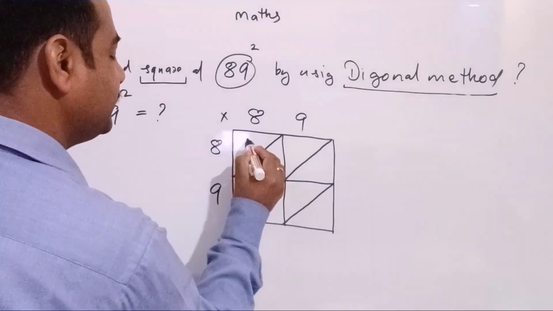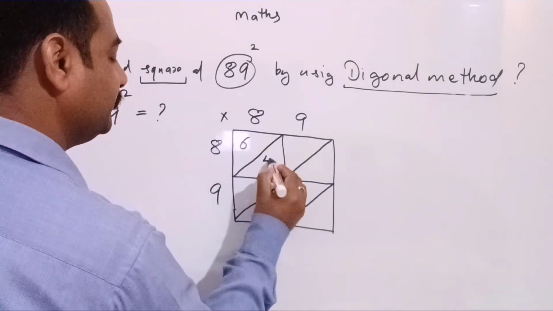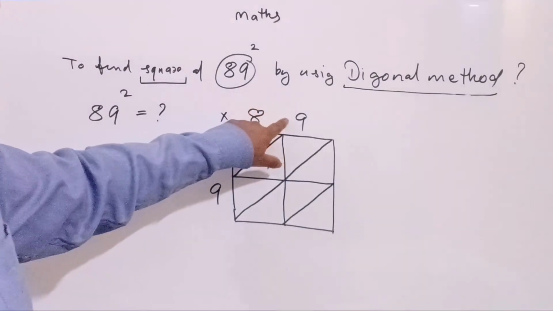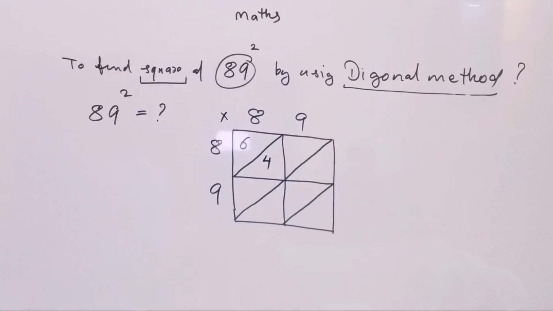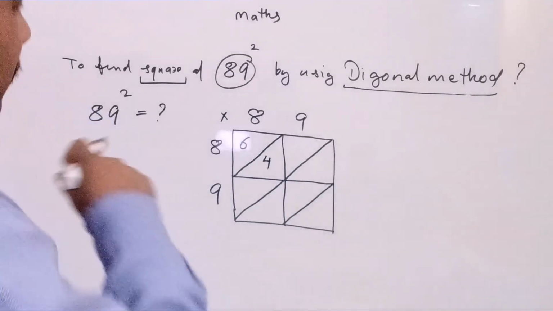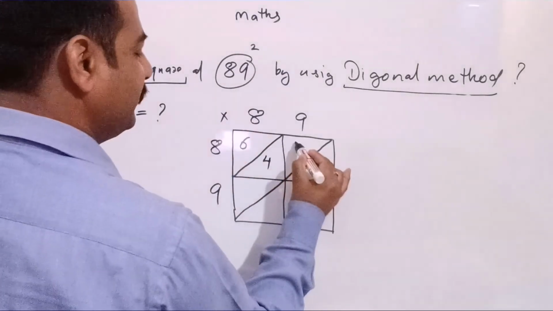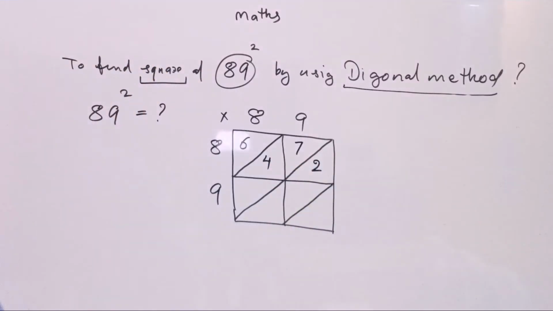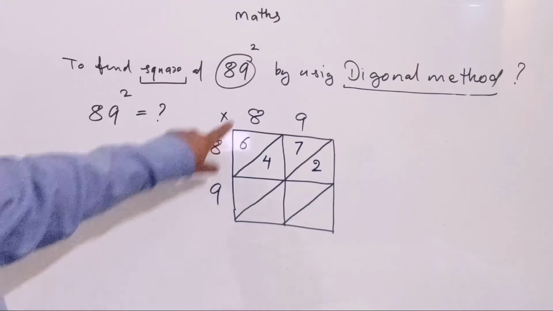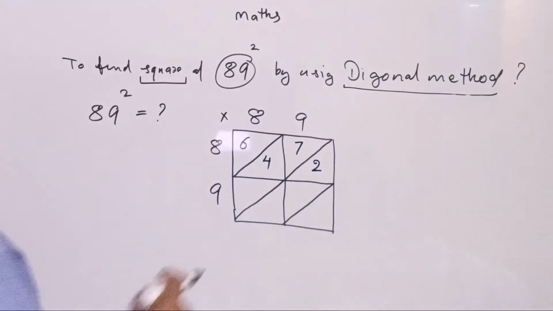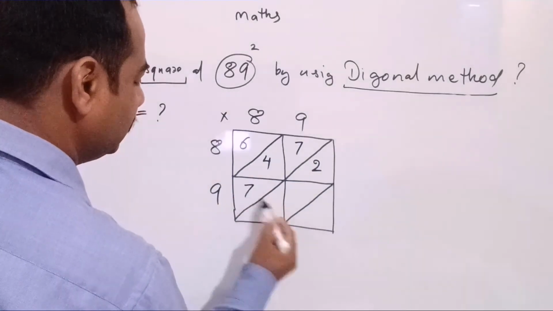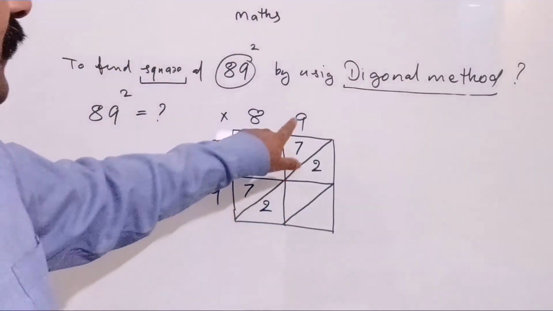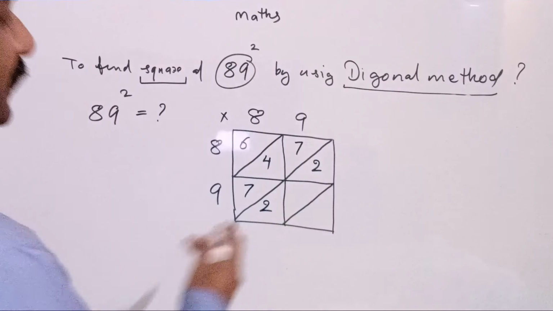So we write 64 like this. Right? 8 into 9, this is 72. Right? 8 into 9, this is again 72. Right? 9 into 9, this is 81.